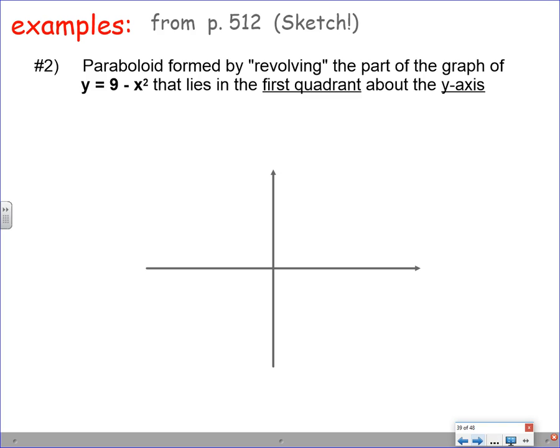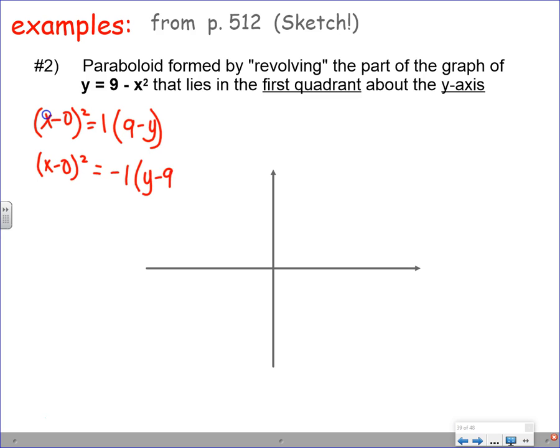Go back to section 10.2 and then move it: x minus 0 squared equals 1 times 9 minus y. And then we have to do x minus 0 squared equals negative 1 times y minus 9. And then we have to make this equal to 4p. And then we need to go ahead and find p.